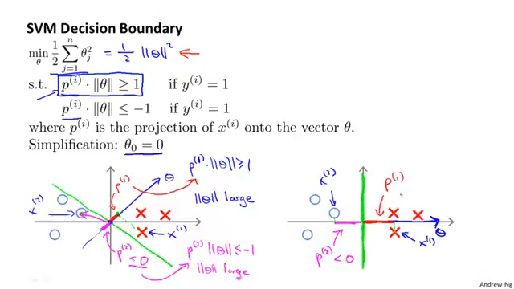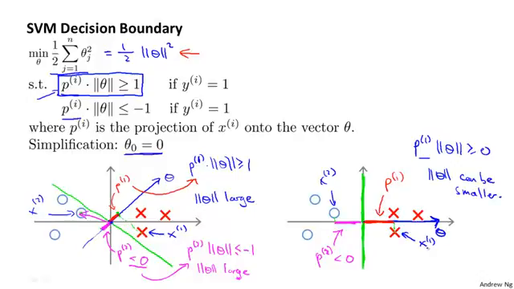And you notice that now P1 and P2, these lengths of the projections, are going to be much bigger. And so if we still need to enforce these constraints that P1 times the norm of theta is greater than or equal to 1, because P1 is so much bigger now, the norm of theta can be smaller.